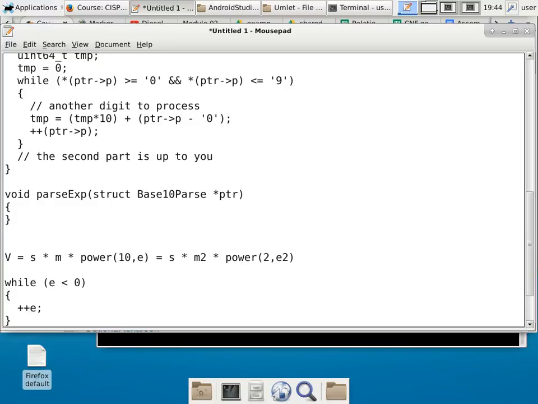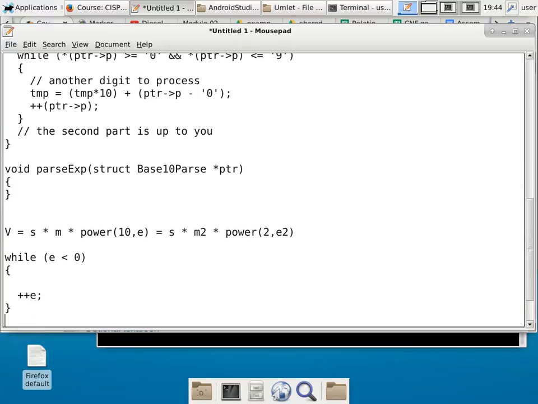Is that okay? But every time you increment E, it basically means that you are doing something to the mantissa so that incrementing E will balance that. Because you don't want to change the value being represented. V is still V. So if you're incrementing E, which means you have just multiplied the mantissa by 10, you have to do something to counter that.